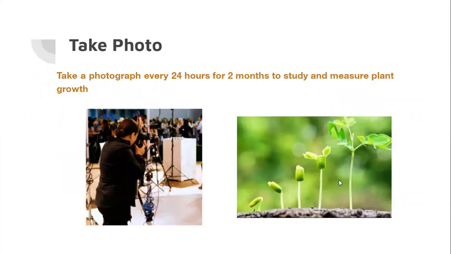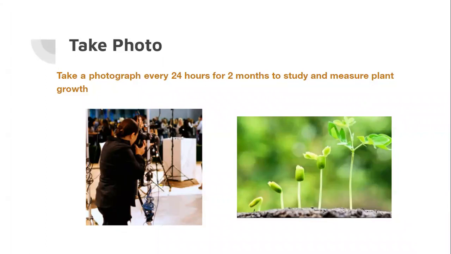We take a photograph every 24 hours for 2 months to study and measure plant growth. This is for taking the data of the growth of the plant.